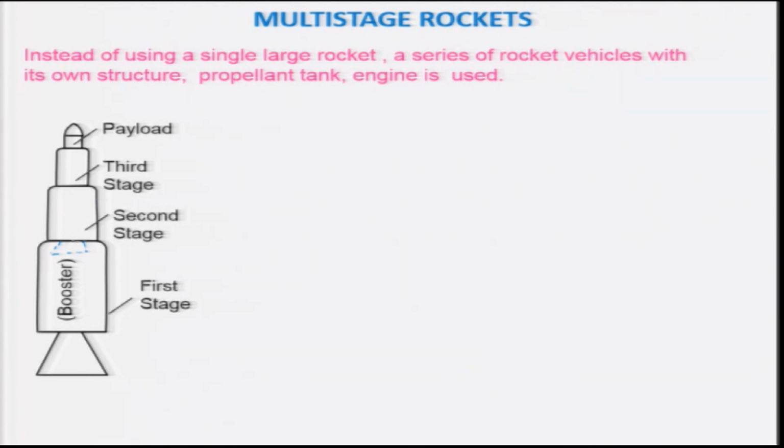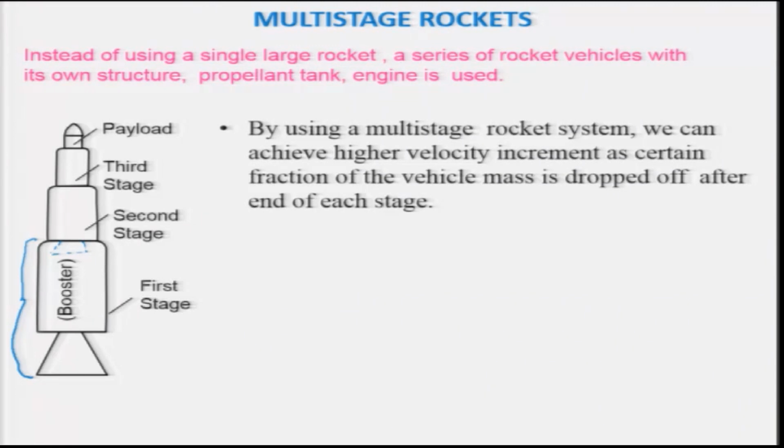Once the first stage is utilized, then this first stage portion will be discarded or dropped, and then the second stage will be fired, so that it will be carrying the main payload.